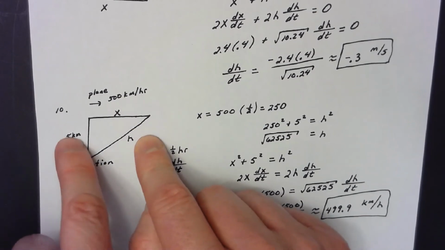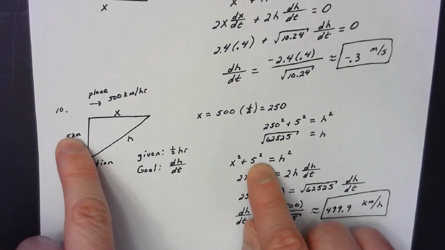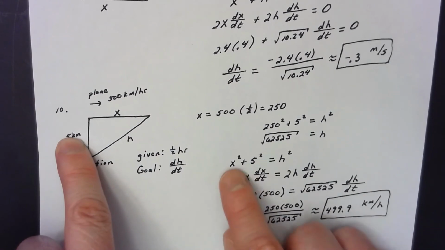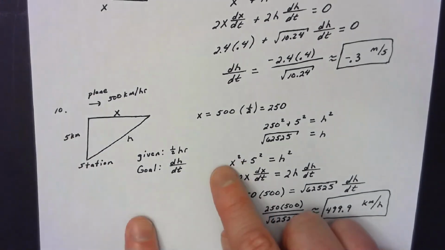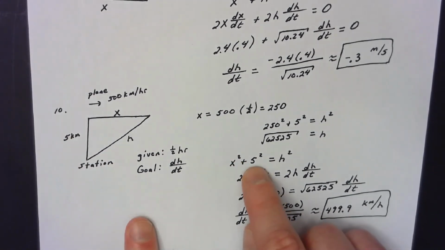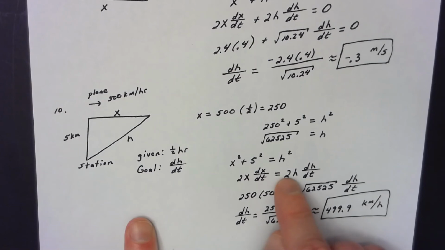However, the altitude is not varying, so you'll notice I plugged 5 squared in there. I left x and h as variables. Now I take the derivative: 2x dx dt, derivative of any constant 0, equals 2h dh dt.